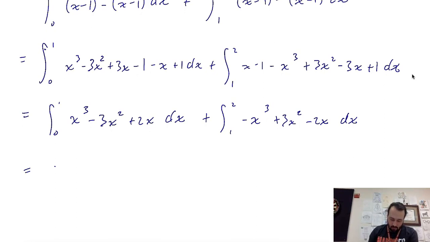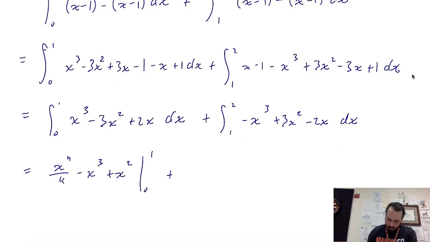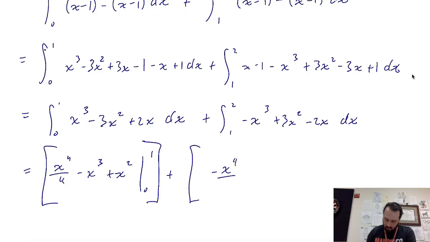All right, so if I do the antiderivative, then I have x to the 4th over 4 minus x cubed plus x squared from 0 to 1, plus the next part, negative x to the 4th over 4 plus x cubed minus x squared from 1 to 2.